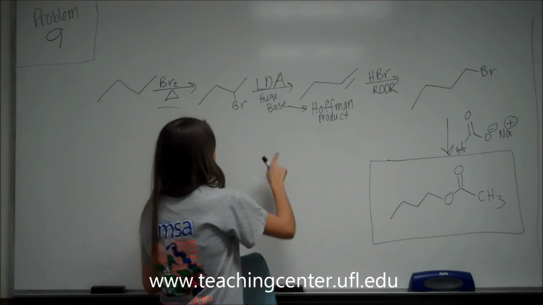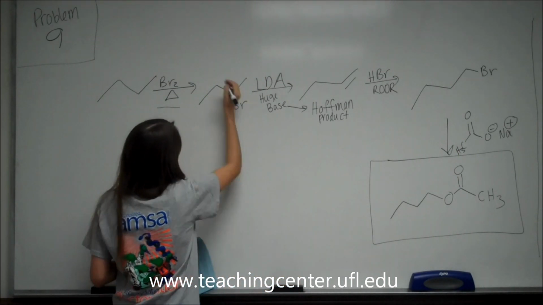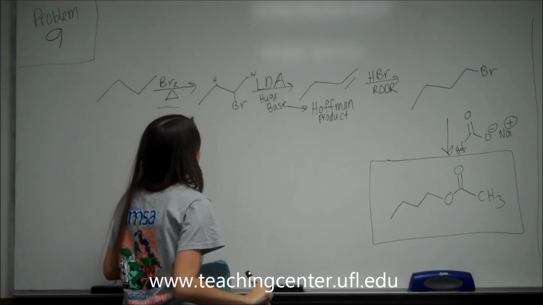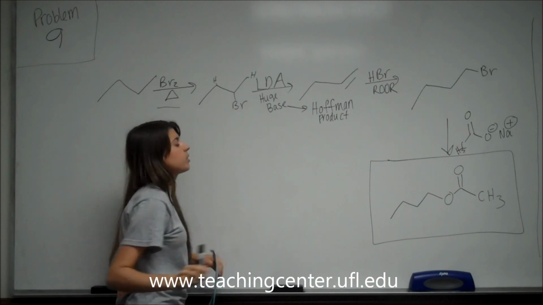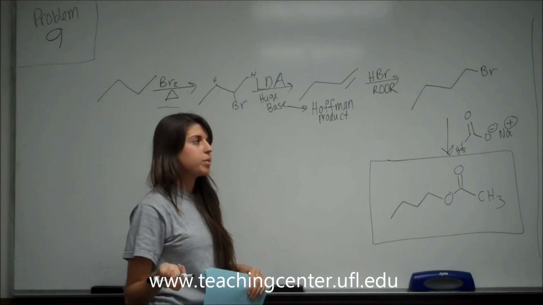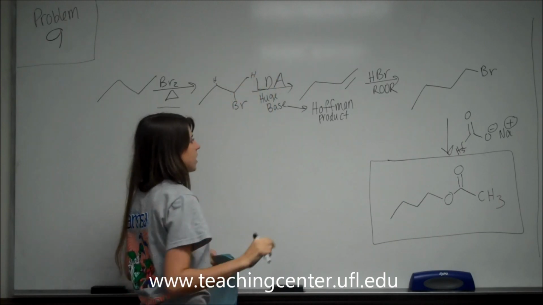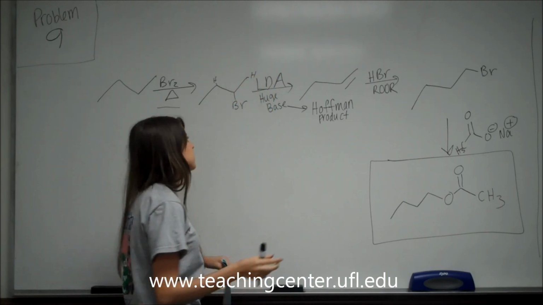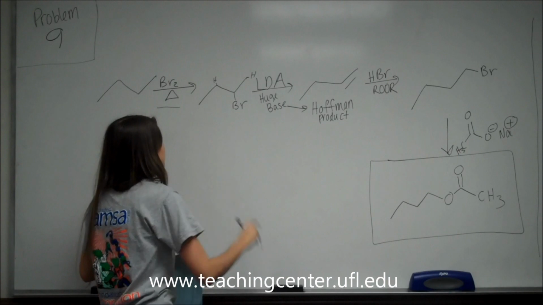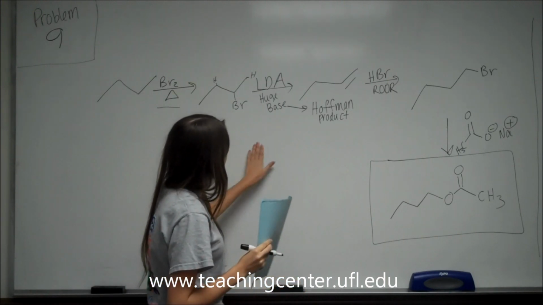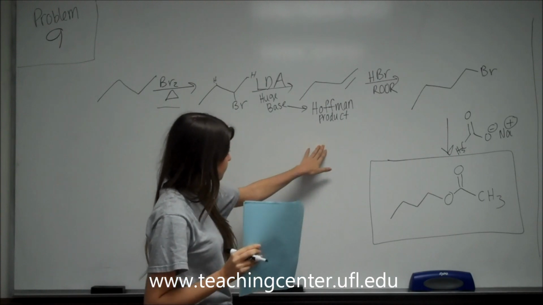So here we could have eliminated from this side or this side, but we're going to eliminate from the terminal side because it's going to produce our Hofmann product. Since LDA is a big base, it's harder for it to get in there and eliminate. So now we've got our Hofmann product.